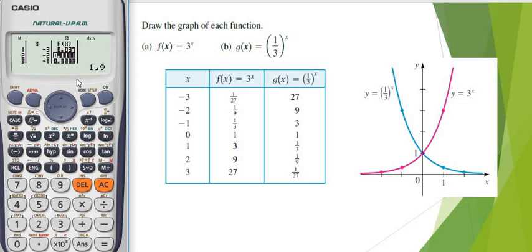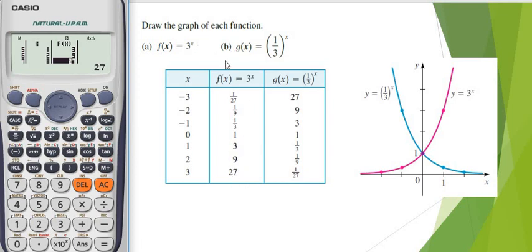Okay, next, when x equals -1, we have f of x is 1/3. So that is how we get the value. Next, when x equals 1, we have a value of 3. When x equals 2, the value is equal to 9. And when x is equal to 3, the value is 27 for f of x.